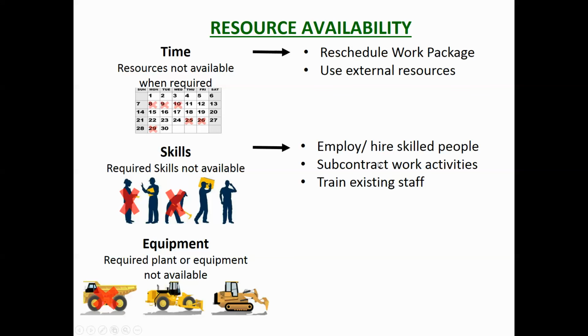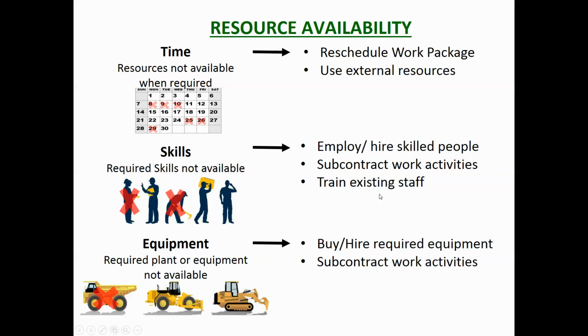Skills, so the required skills aren't available. You can employ or hire people that do have the skills. You can subcontract the work activities, in other words, procure the skills externally. Or you can train existing staff up so that they've got those skills. And with equipment, you can buy or hire the required equipment, so once again you procure it.